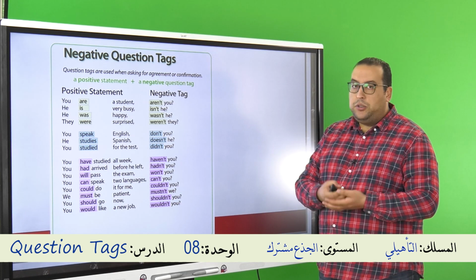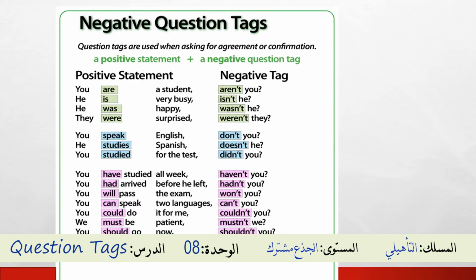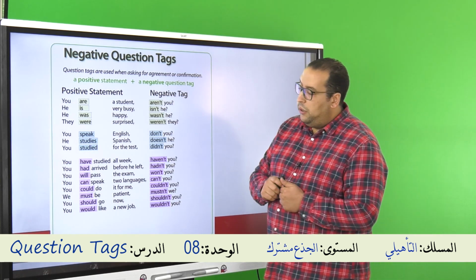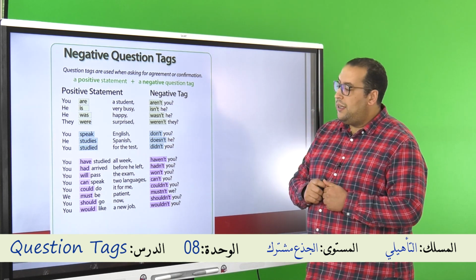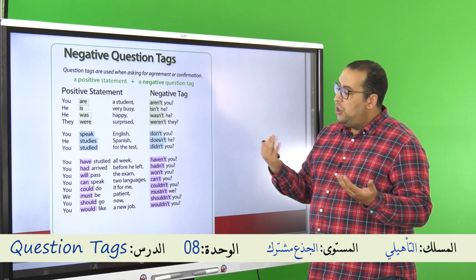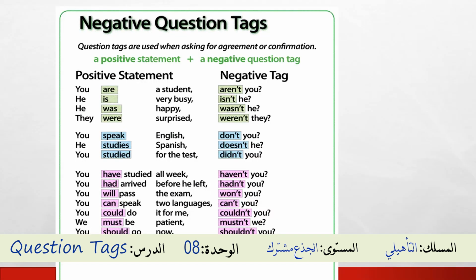Yes, I know that you have seen modals before, and this is how we use question tags when the sentence starts with a modal, okay? So, let's see the first example. You have studied all week. Again, comma, and we go to the question tag. Haven't you? So what happened here?